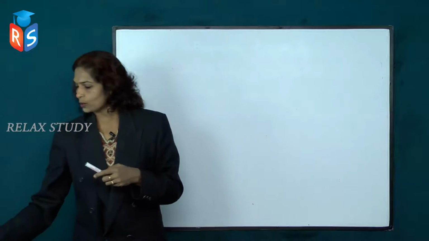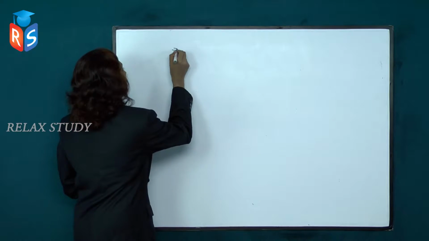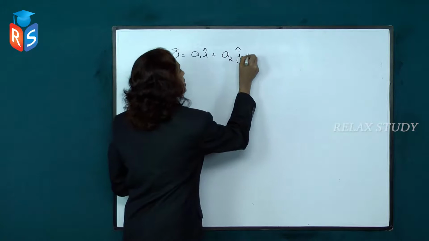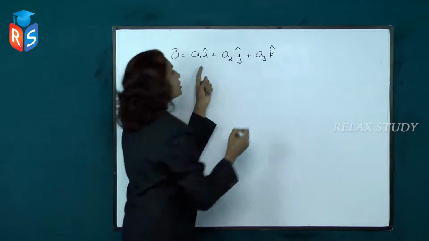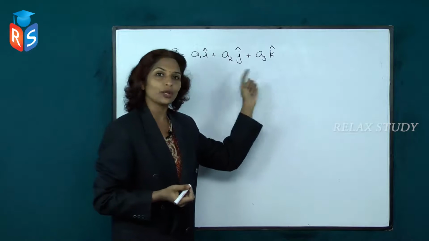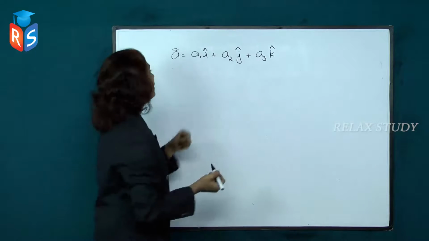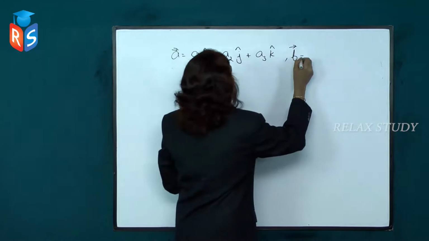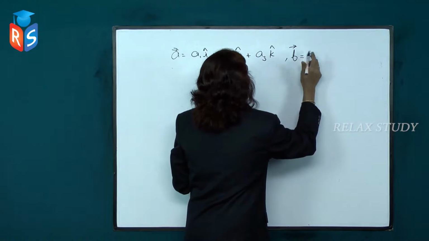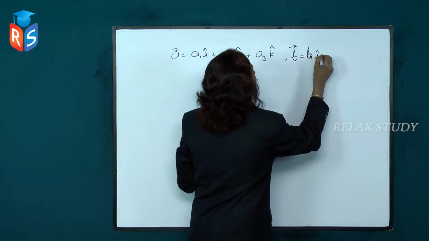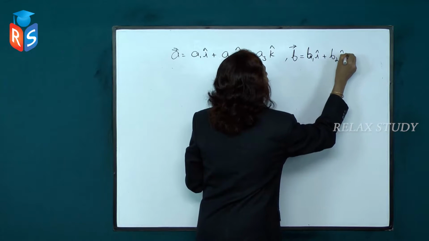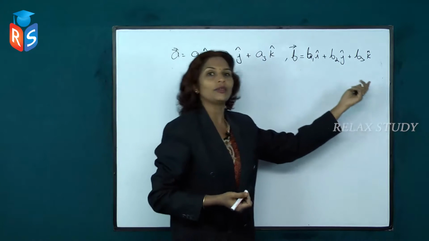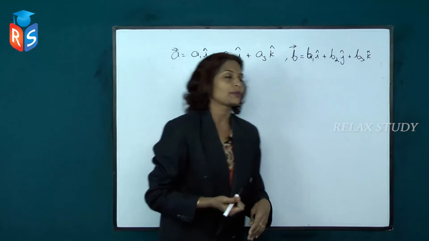So let vector A equal to A1 i plus A2 j plus A3 k, where i, j, k are unit vectors in the direction of x axis, y axis and z axis, and let vector B be another vector, and let the components of the vector be B1 i plus B2 j plus B3 k, where i, j, k are unit vectors along x, y and z axis respectively.